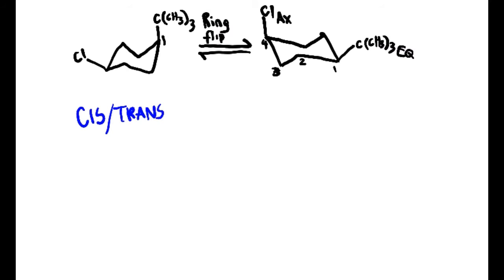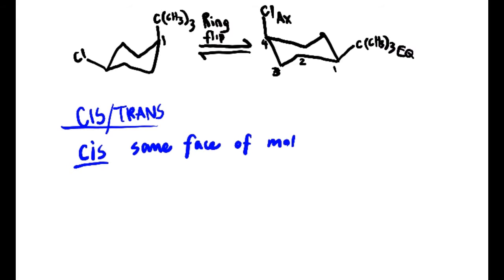And what we mean when we say that two groups are cis to one another is that those two groups are both on the same face of the molecule. If they're trans, on the other hand, they are on opposite faces of the molecule.